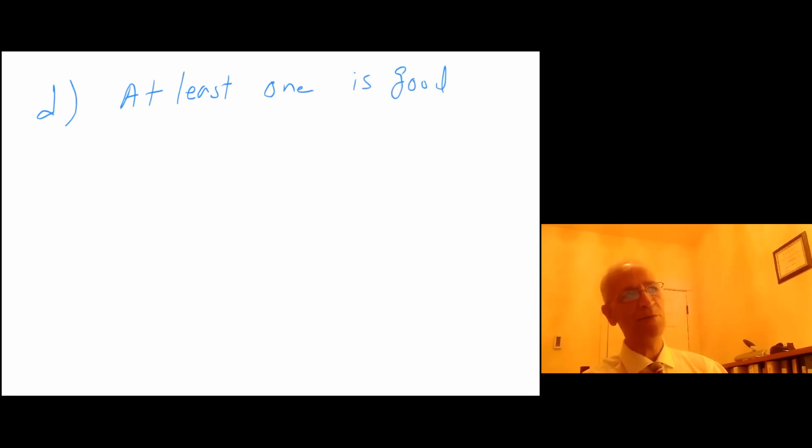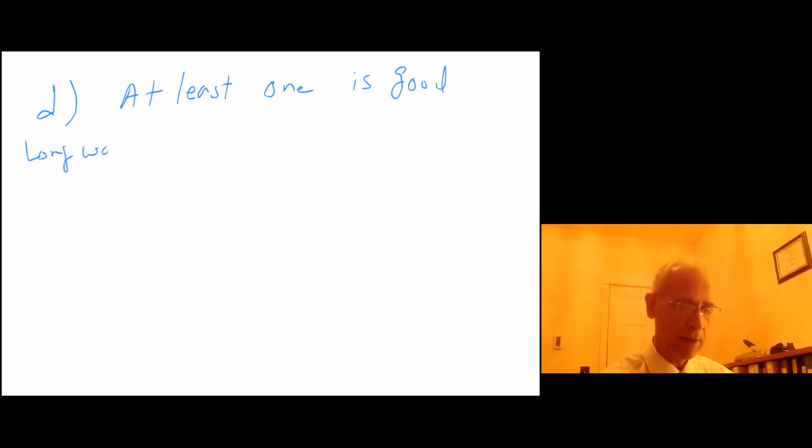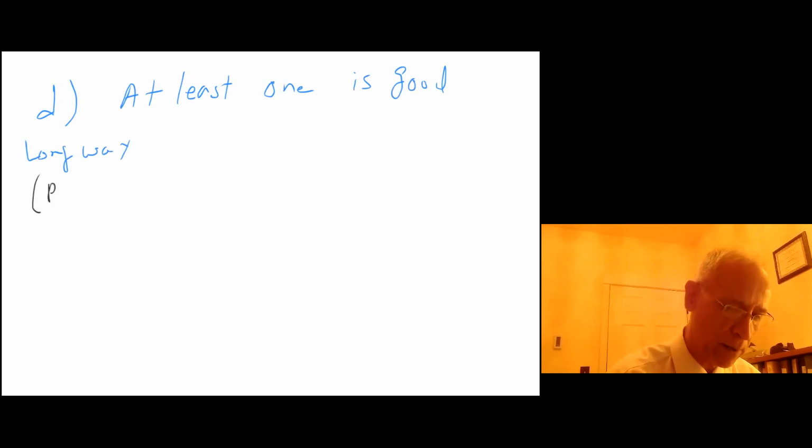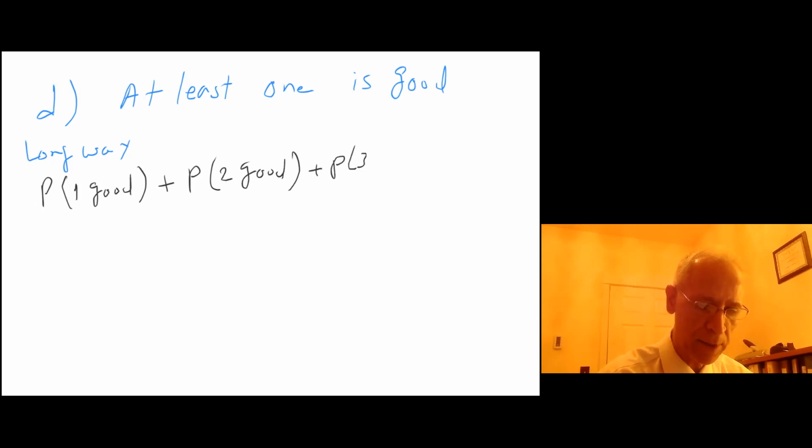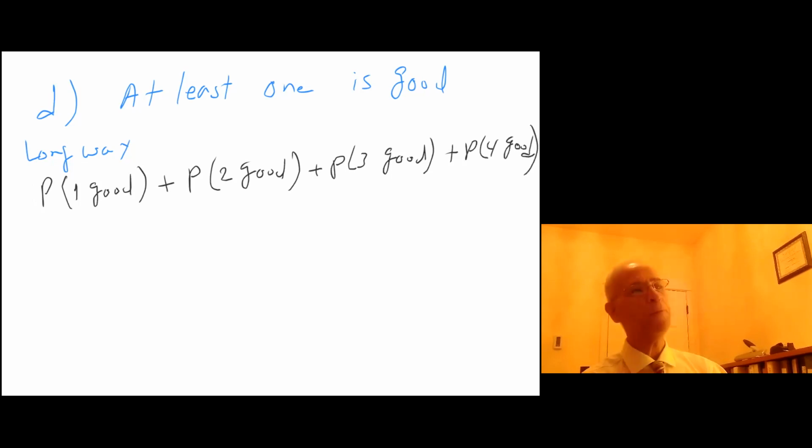So once again, the long way would be for you to say P of 1 good plus probability of 2 good plus P of 3 good plus P of 4 good. That would be the long way. I don't recommend that at all.